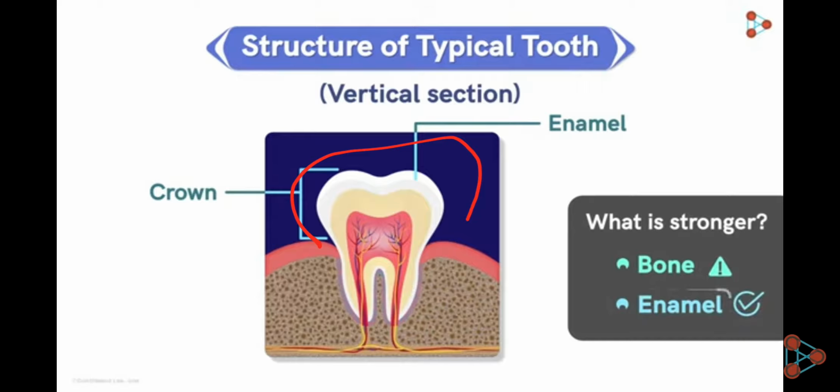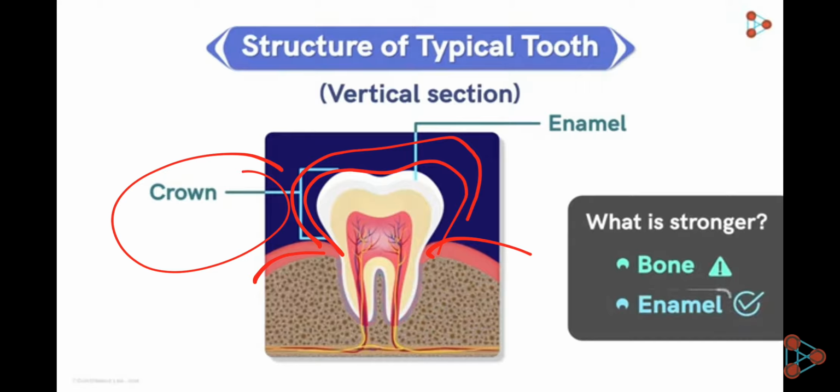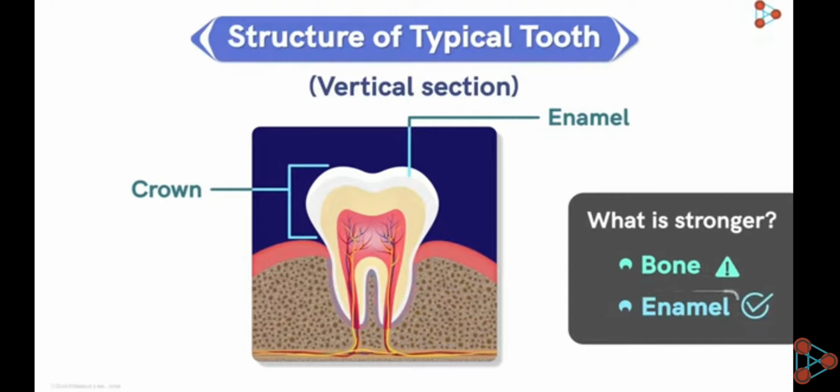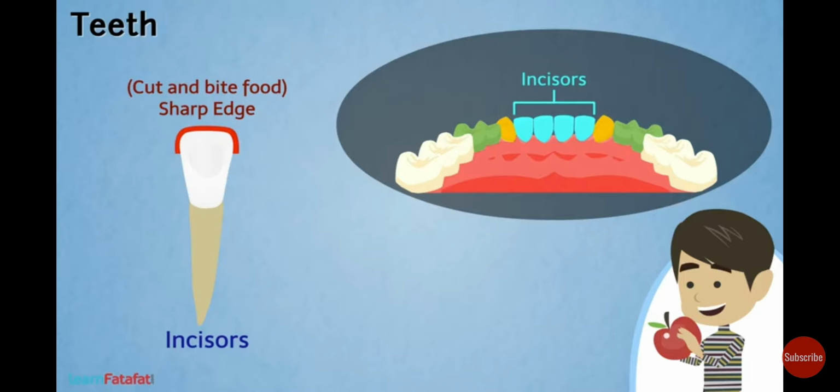The upper portion of the teeth above the gums is known as the crown of the teeth. So the crown is covered with the enamel. Enamel is the hardest tissue or substance in the human body. So if someone asks whether the bone is stronger or the enamel, you should say enamel, because enamel is the hardest substance in our body.